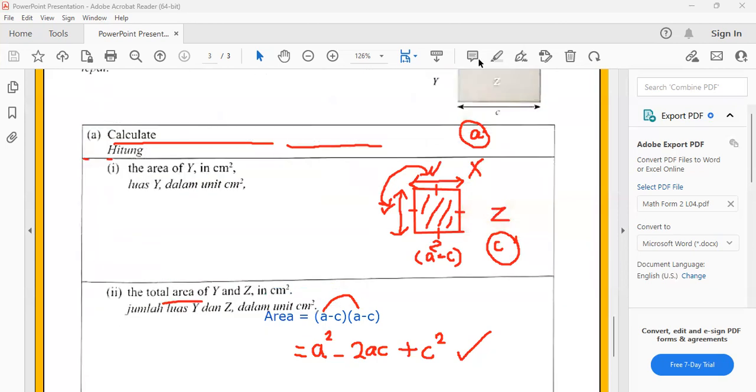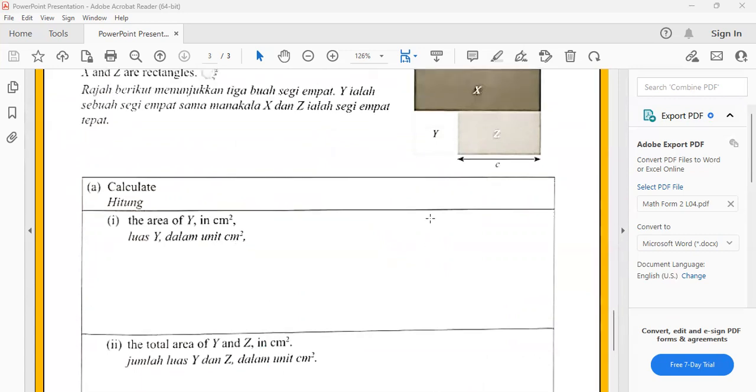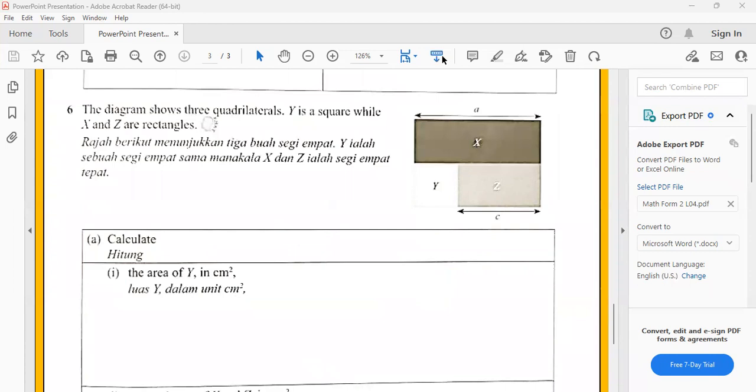Now, second part. Sorry, I've got to clear this a bit. Okay, then we can read. Total area of Y and Z in centimeters squared. Okay, remember this. This one, we know this is A minus C, correct?